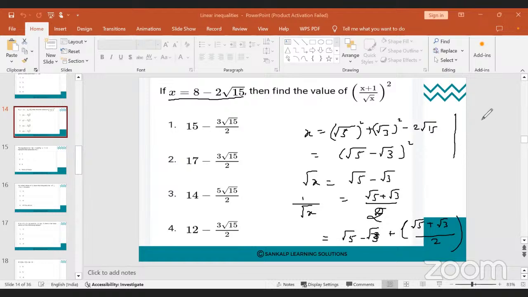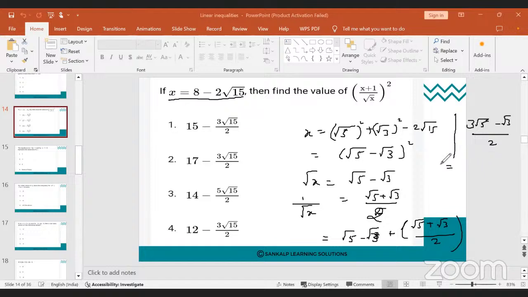So it is 3 root 5 minus root 3, the whole upon 2. Okay, so rationalize it and try to get the answer.